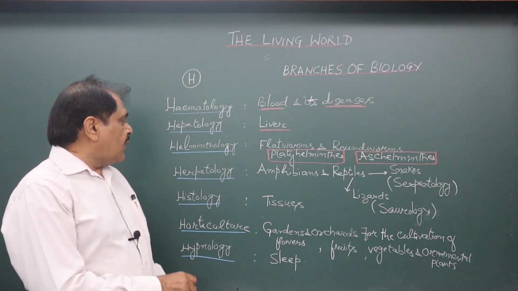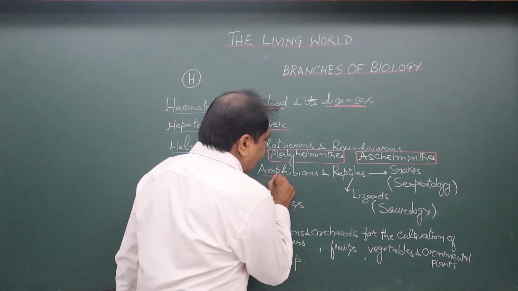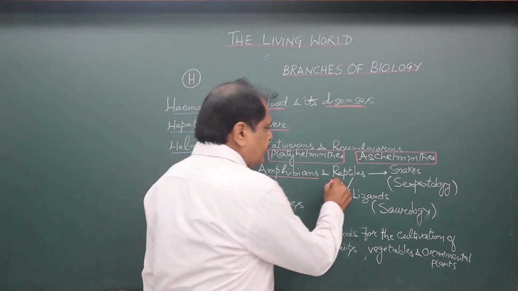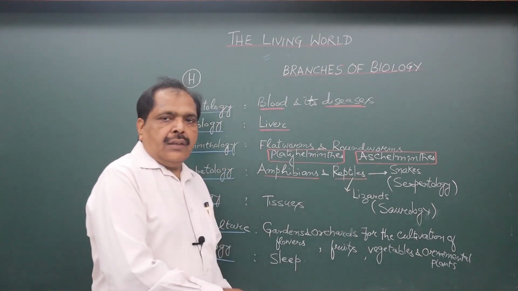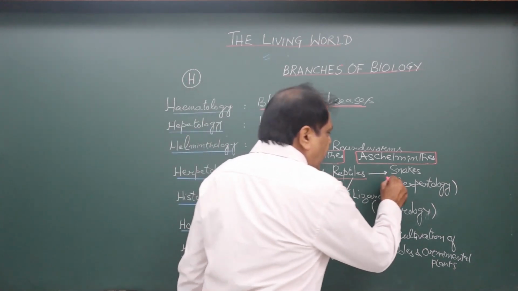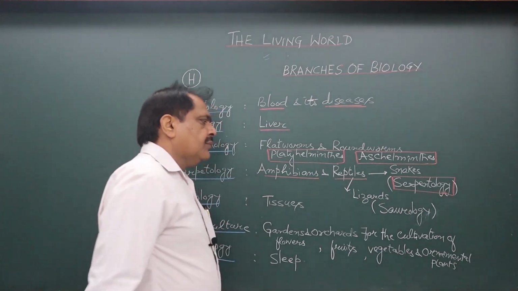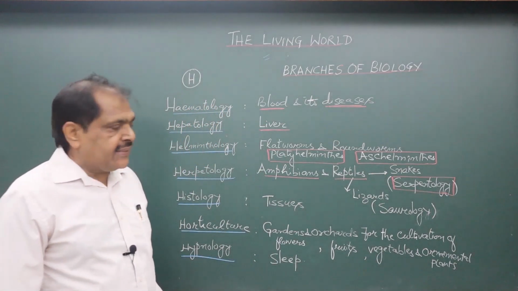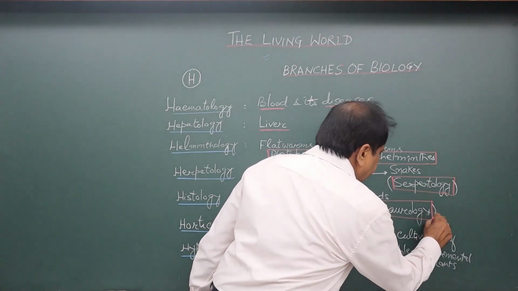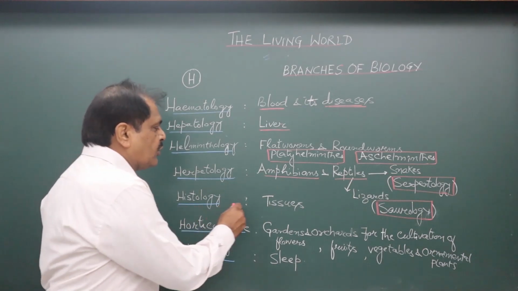Now coming to herpetology. It is the study of amphibians and reptiles. The study of the snakes is called serpentology, and the study of lizards is called saurology. The study of tissues is called histology.